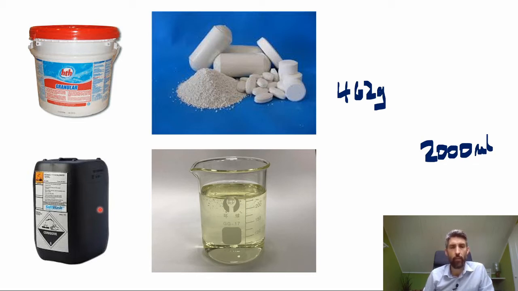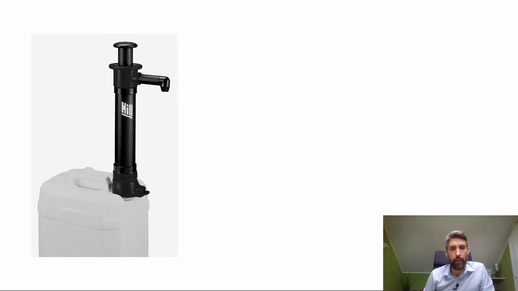That is not going to work. Find a way, if you're going to use this particular substance, of decanting it out accurately but safely as well. Maybe use something like this, which is a purpose designed pump for transferring chemicals from one container into the other.